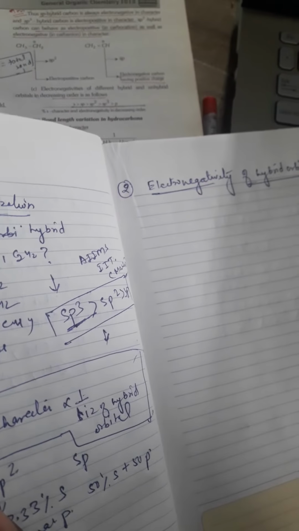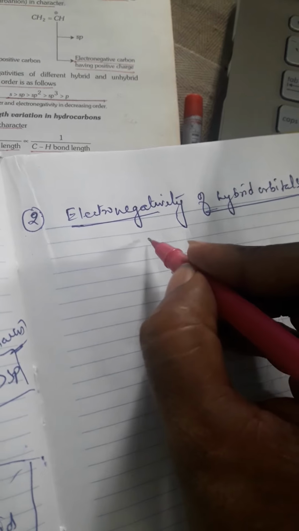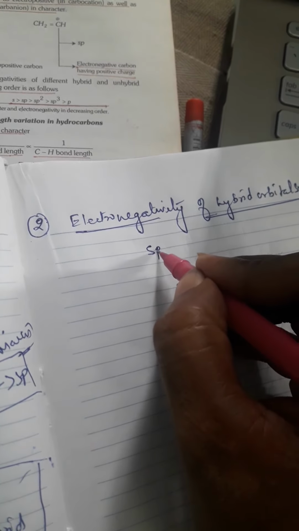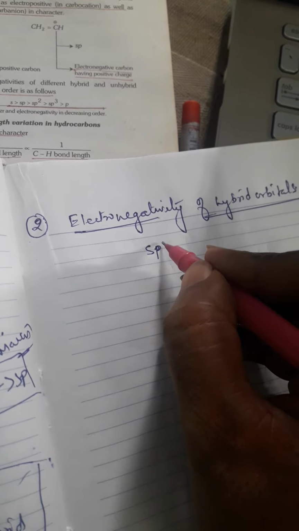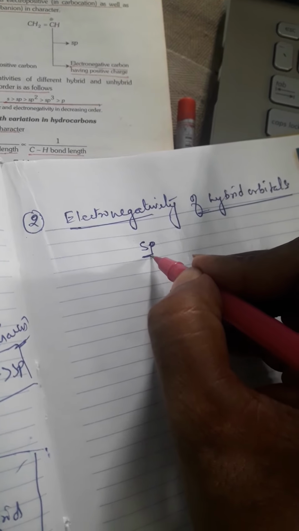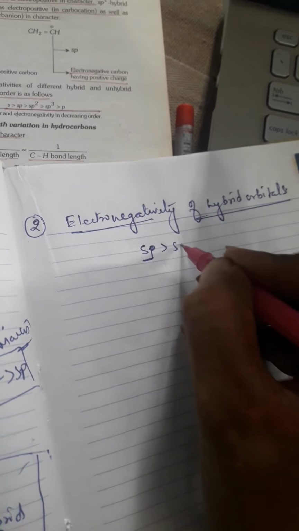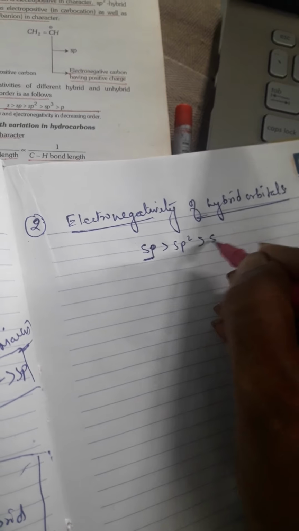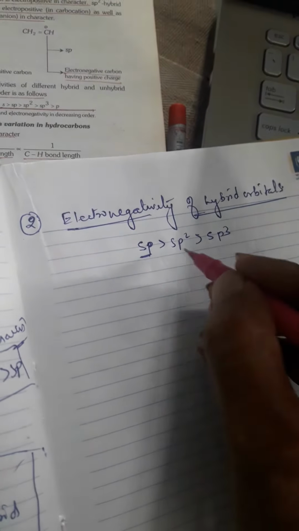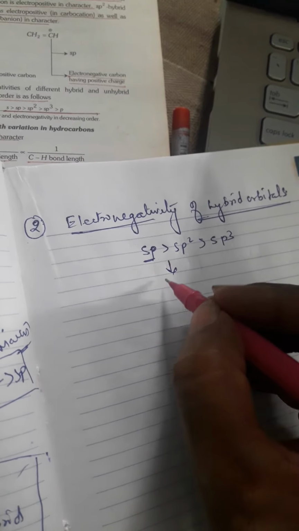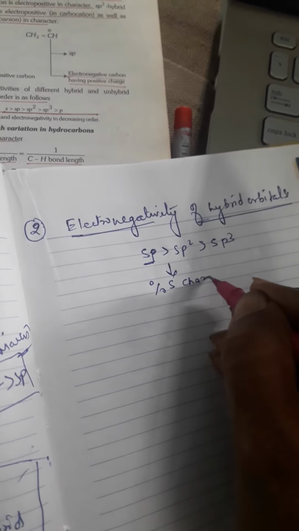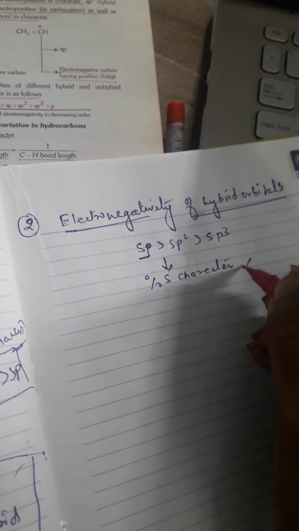In this, sp is much more electronegative as compared to sp2, as compared to sp3. It is possible because the percentage of s character is directly proportional to electronegativity.